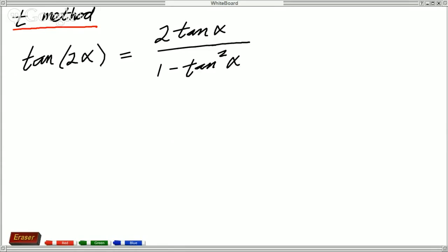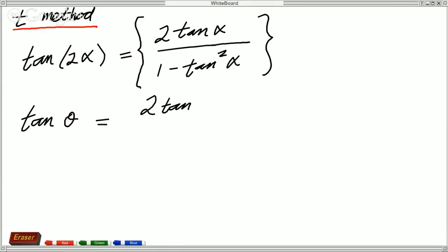Now, this is useful because it generates an expression that's completely in terms of just one trigonometric function, sine, cos, or tan. It's just completely in terms of tan. So let's do one this time, but for tan, let's just say tan theta. So that would become 2 tan theta on 2 because we need to halve the angle.